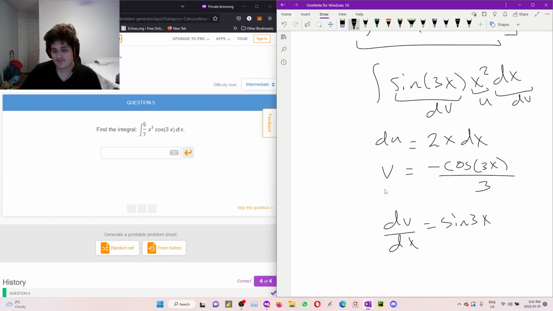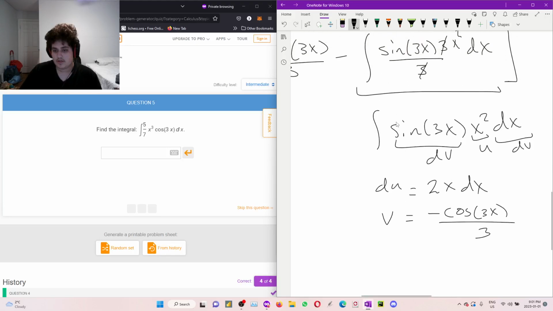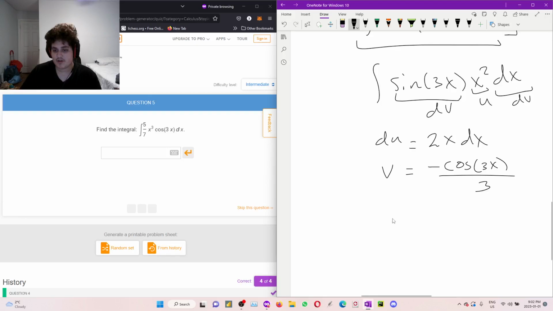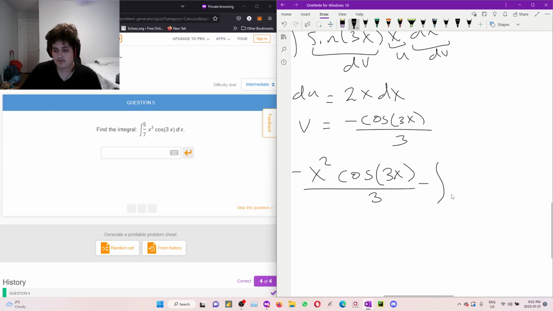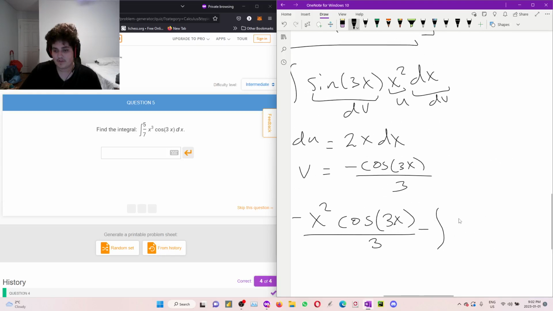So we have our v, we have our du. That's pretty perfect. We can now use integration by parts to rewrite this as uv minus the integral of v du.